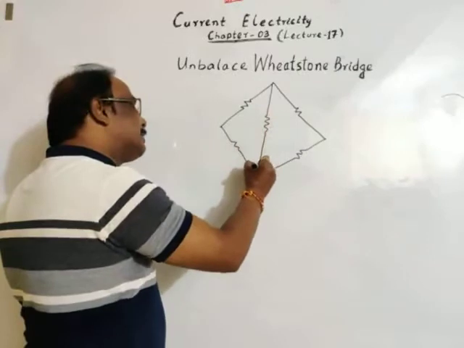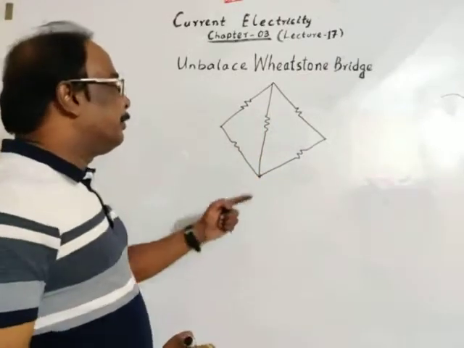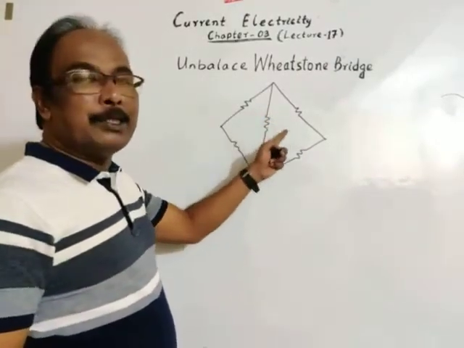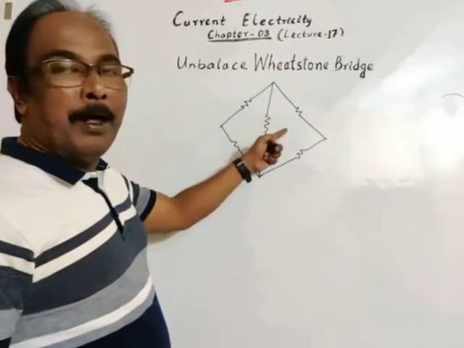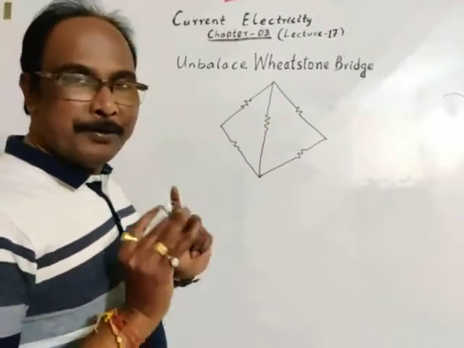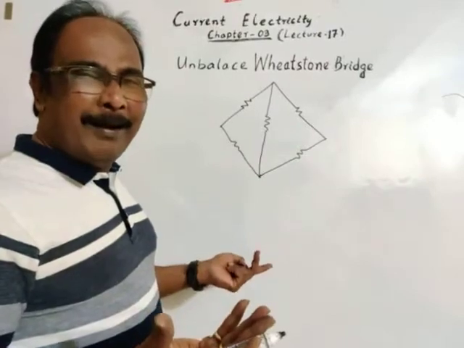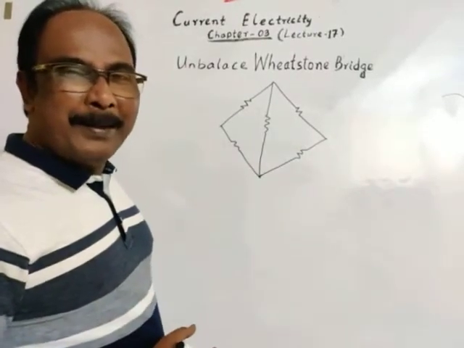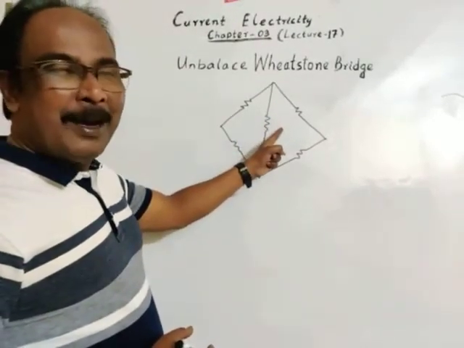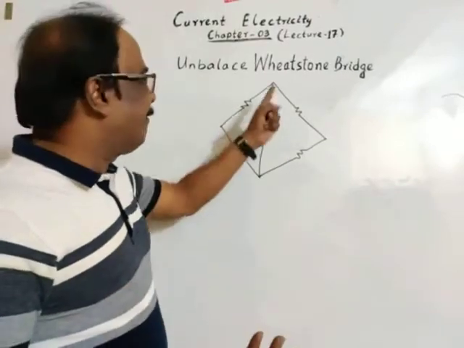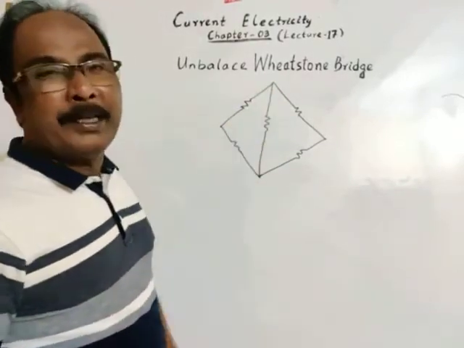We may take another resistance in the middle branch, or use a galvanometer in this branch, taking the resistance of the galvanometer, connected between these 2 points.